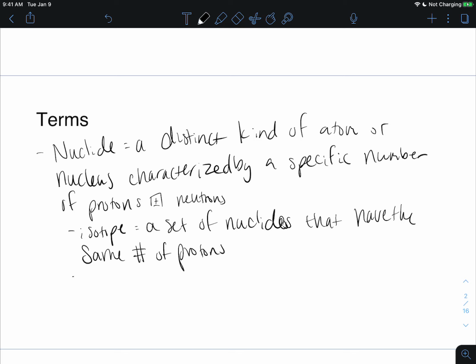And then within here we can have a radionuclide. So this is a nuclide that's unstable, radioactive.